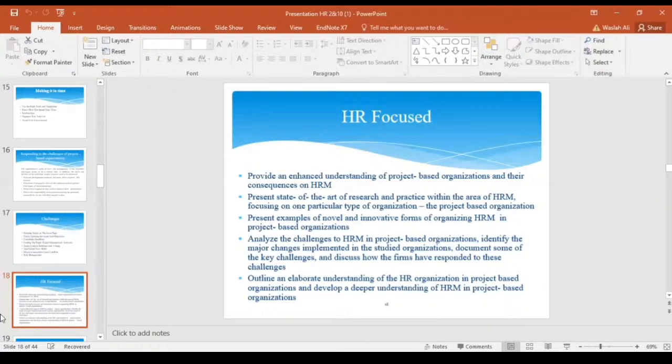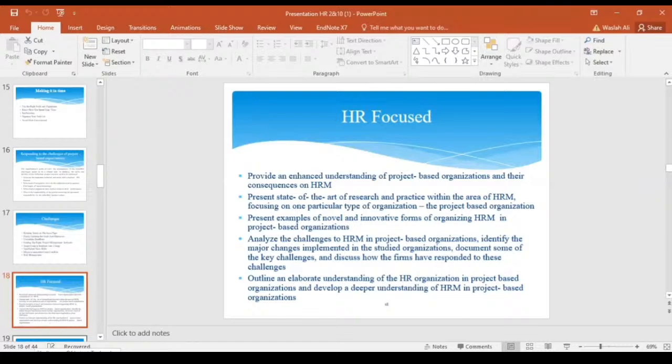Analyzing the challenges of HRM in project-based organizations and identifying the major challenges implemented in the studied organizations. Document some of the key challenges.